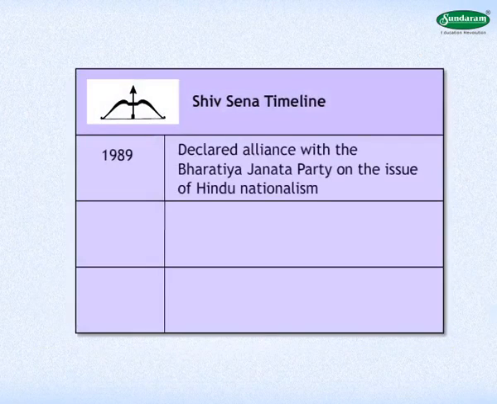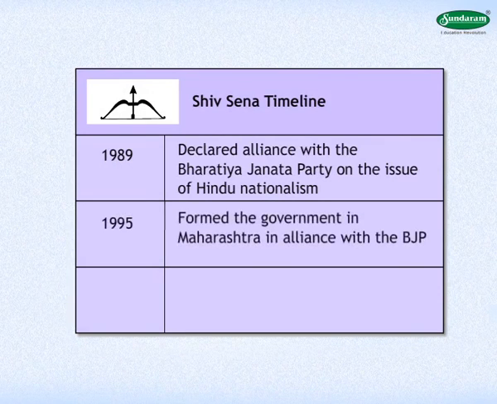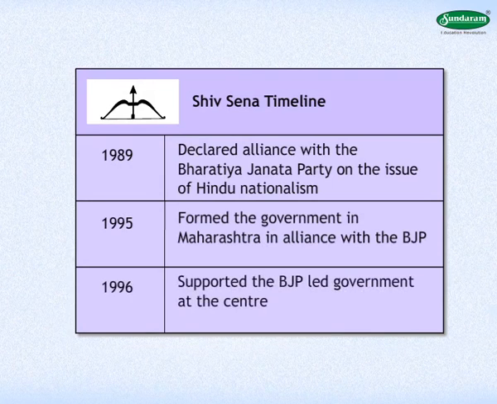Shiv Sena declared alliance with Bharatiya Janata Party in 1989 on the issue of Hindu nationalism. This alliance formed the government in Maharashtra in 1995.